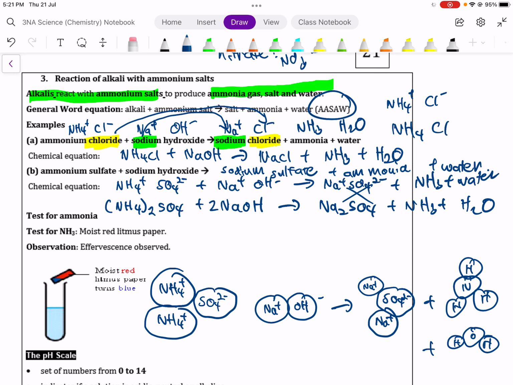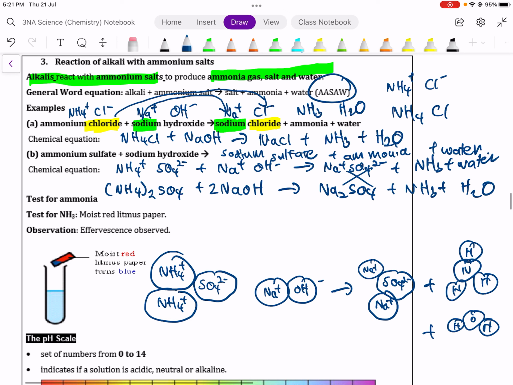So when you balance, the tip here is that it's quite obvious. You need 2 sets of Na+ and OH-, together they come in one. So you balance this off, then the sulfate also balances. What happens is you have 2 sets of NH4+ and 2 sets of OH-, so all of them will become the water as well.